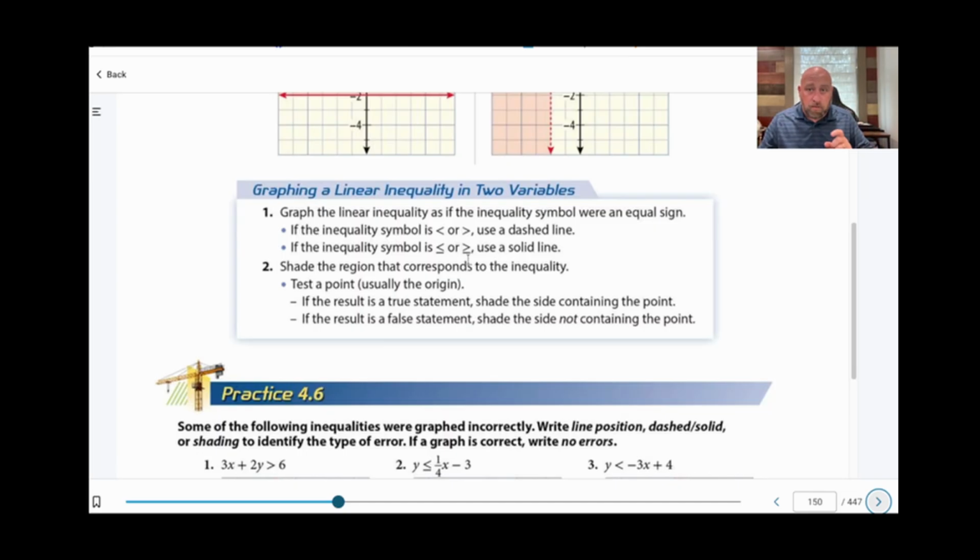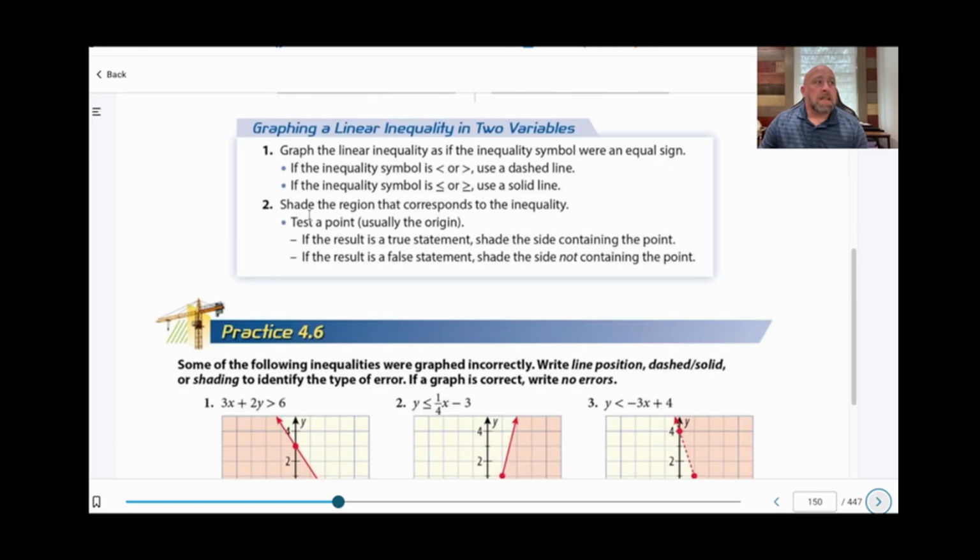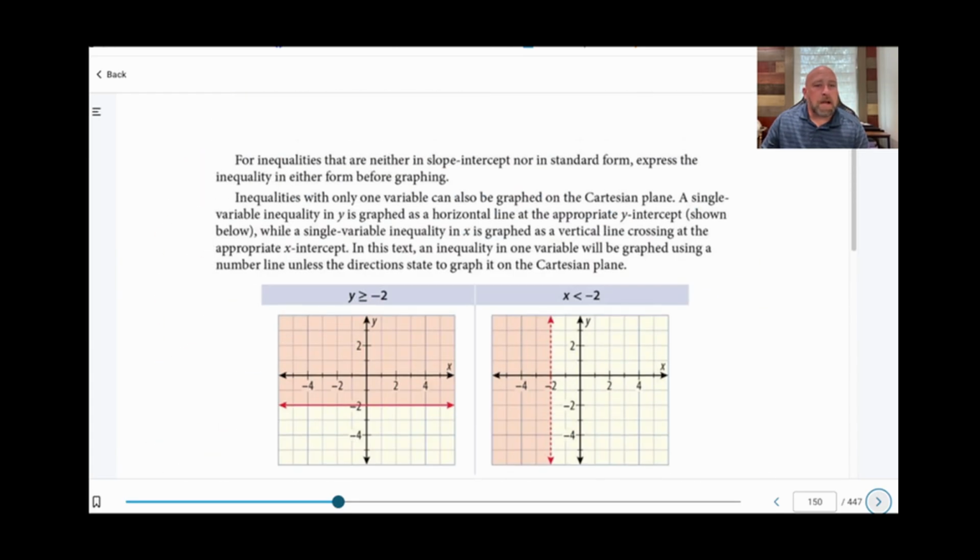Then it will have an equal sign with it. Is it a dashed line? Then it will not have the equal sign with it. Then, step number 2, we're going to test a point. Usually the origin, what is that? 0, 0. That's the one I like to use. If it's true and that works, then you shade the side that 0, 0 is on. If it doesn't work, then you shade the other side. Okay? And then there's just some practice for you.